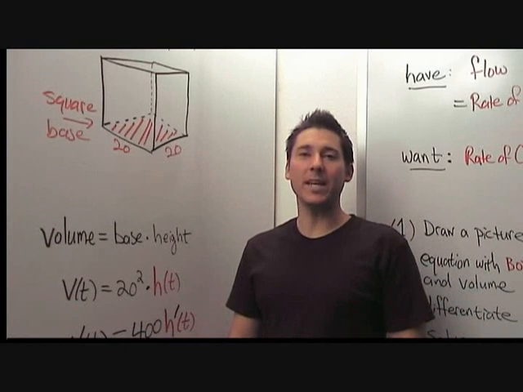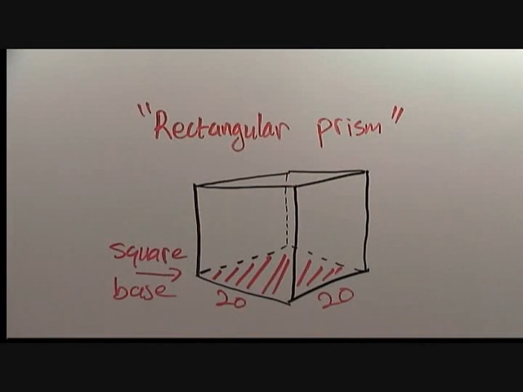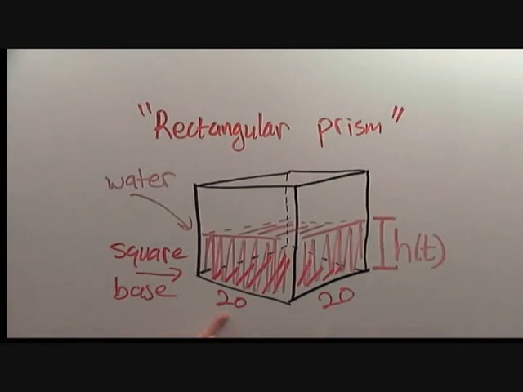The key phrase we need is that we're working with a rectangular prism. Our water tank is in the shape of a rectangular prism. It has a square base of side length 20. Water is flowing into this tank, and so the height of the water is changing with time.